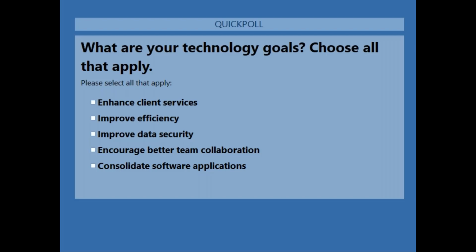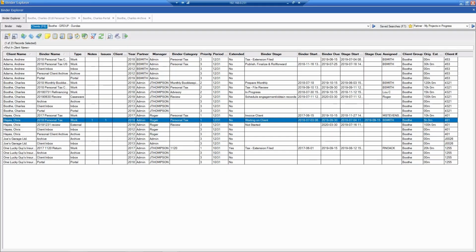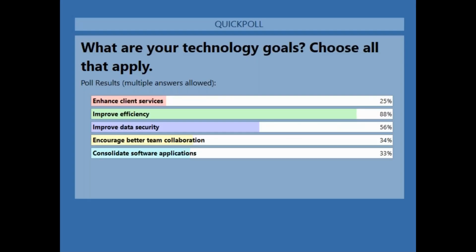We just like to know what your technology goals are, and you get to choose more than one with this question. Everyone's eager to get back to their day. I can already see 85% have answered, so we're going to count you down from 5, 4, 3, 2, and 1, and I'm closing the poll. And just quickly sharing: number 1 response, 88%, improving efficiency. Isn't that what we all wish for?